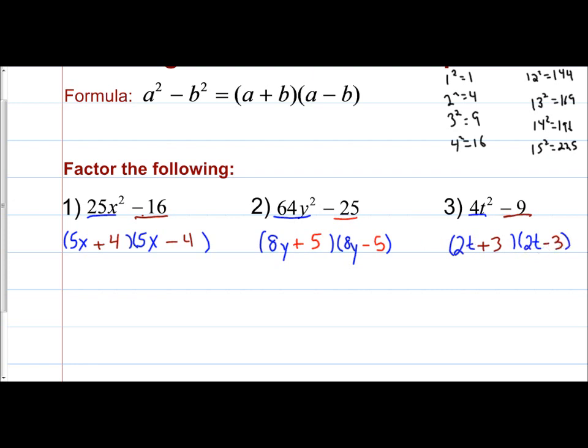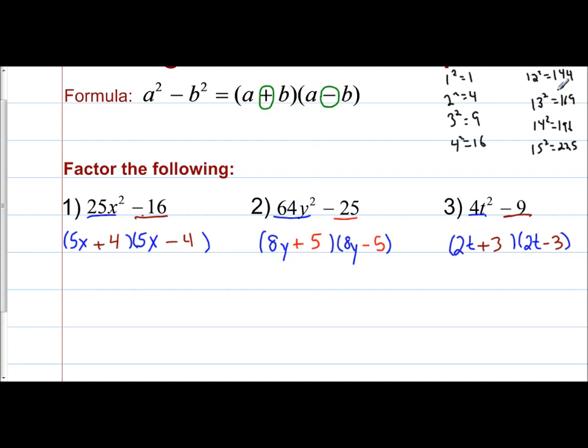You're going to have the same numbers inside the parentheses: 8y and 5, 8y and 5, 5x and 4, 5x and 4. The only difference is that one operation is going to be positive and one is going to be negative. Again, the key is to make sure you know your perfect squares, so that when I recognize a number like 64, I can tell right off the bat that it's a perfect square.